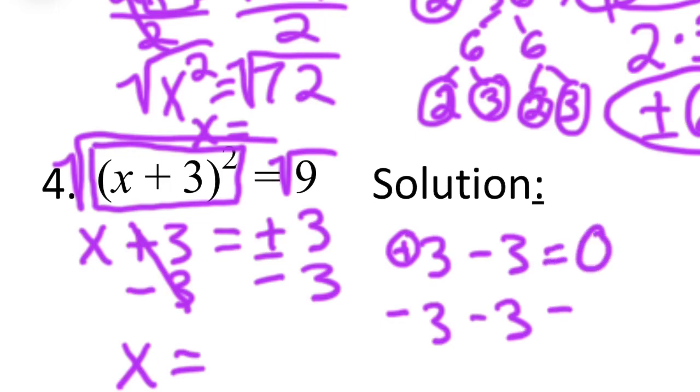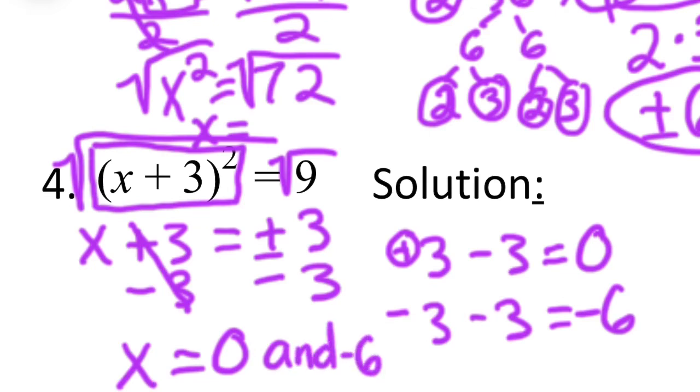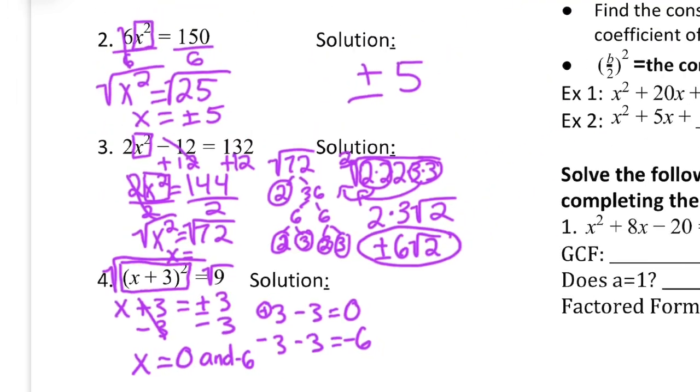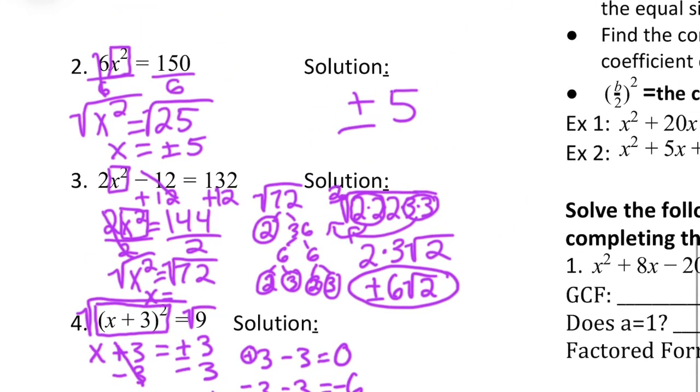Positive 3 minus 3 is 0. Negative 3 minus 3 is negative 6. So my answer is 0 and -6. So that was kind of a review from Unit 2 of solving radicals.